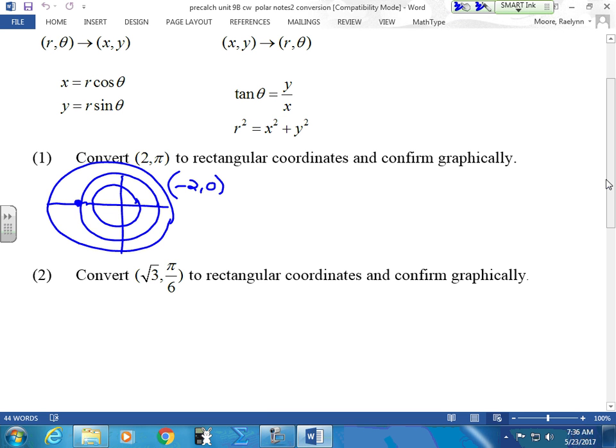So let's convert this. Let's use these two formulas. Okay. So we're going to take your angle. In this case, this is your r, this is your angle. So we're going to put this in. 2 times the cosine. I'm just going to substitute it in right now.